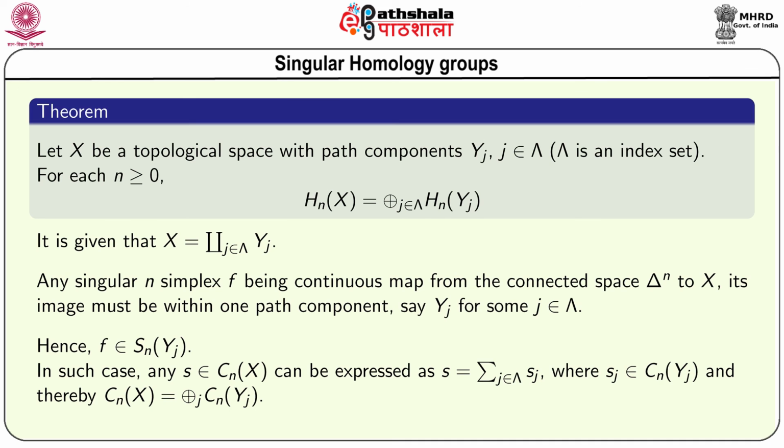In such a case, any s belonging to C_n(X) can be expressed as s equal to the summation of s_j, where j varies over lambda, and all these s_j are taken from C_n(Y_j), so that C_n(X) is equal to the direct sum of C_n(Y_j), where the sum is taken over j.